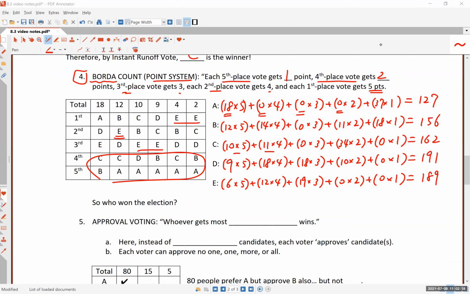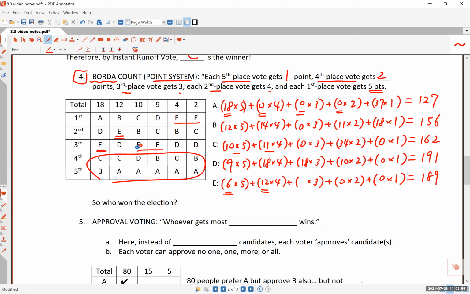Okay, so you add up these numbers, and this adds up to 189 points. Let me just verify this before we go any further. Yeah, something is wrong here, because if you add up these numbers, you don't get that. And my mistake was this. E has, again, 6 first place votes and 12 second place votes, but this number is actually not correct. Why?